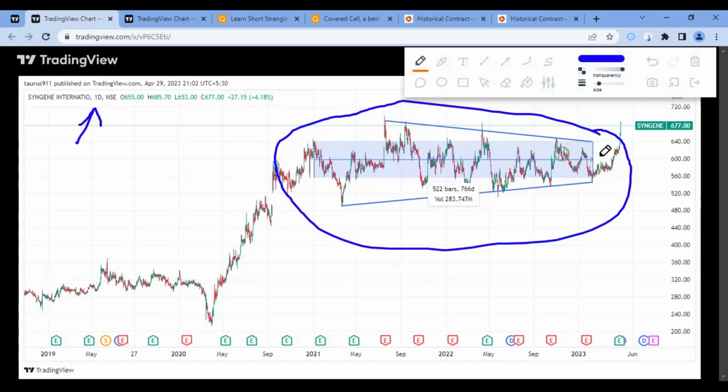If you are a long-term trader in options, then you will have such opportunities, but we have to look for such patterns on the hourly chart as well. I'm just giving you an example here. This is a daily pattern. It will be very tough to trade this because it has been trading in this range for 766 days, and it has formed a triangle. I just wanted to highlight that this is a triangle pattern.